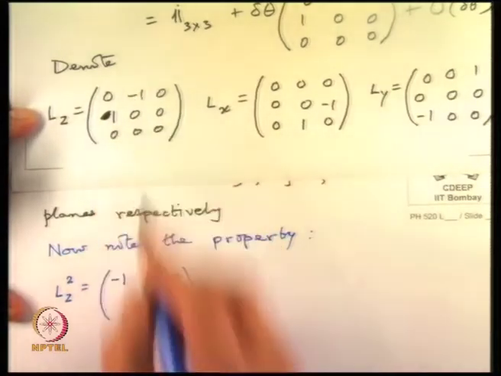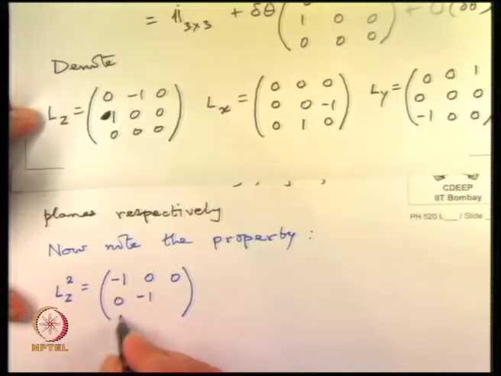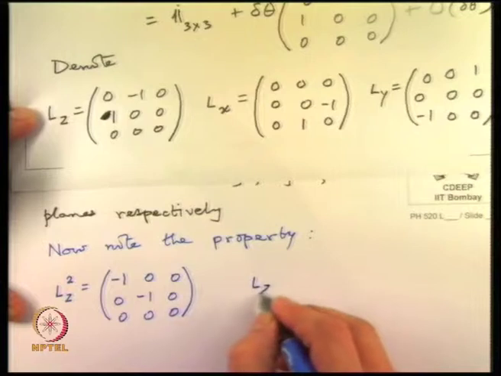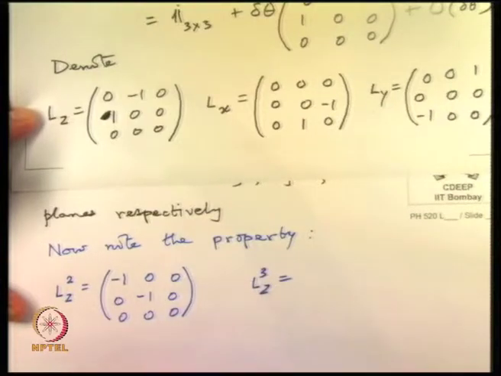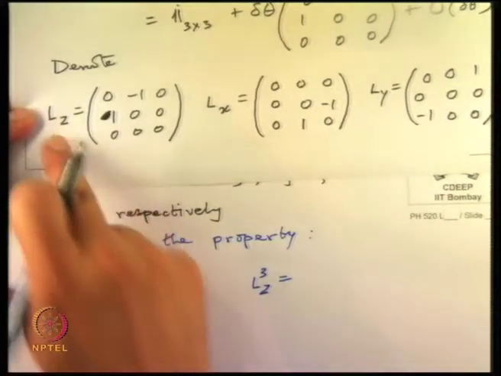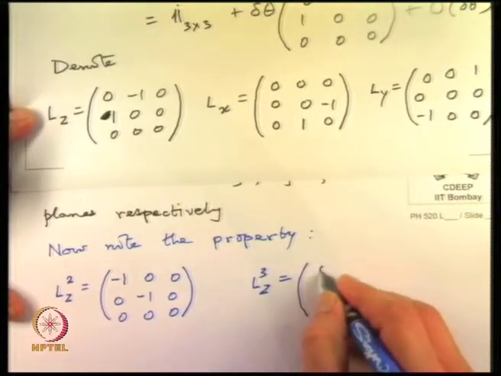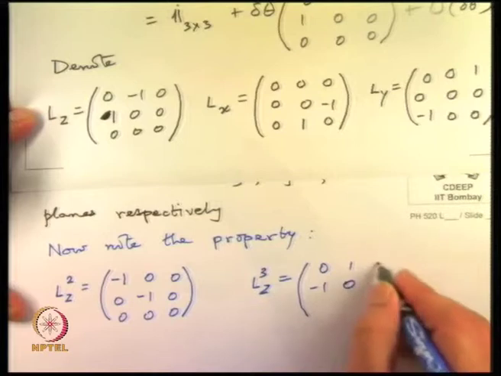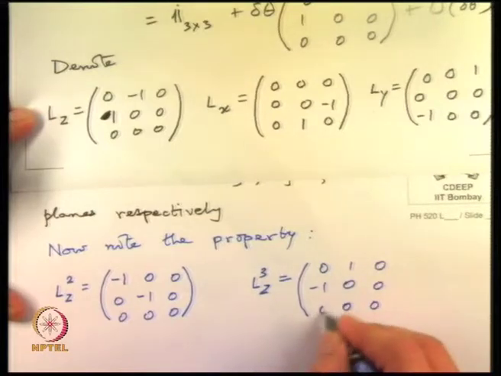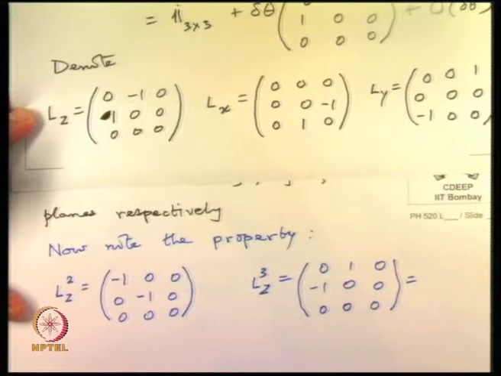This row into this column is also -1. What about Lz cube? Well, these are minus signs, so it is like minus the identity matrix Lz square. So if I cube Lz, then I have to take Lz square times Lz, so essentially put minus signs on that. So it is 0 plus 1 minus 1 0 0 0 0 0 0, which is equal to minus of Lz.